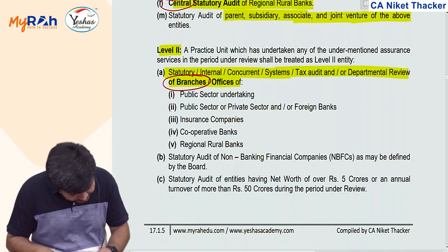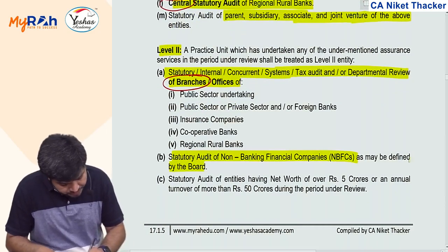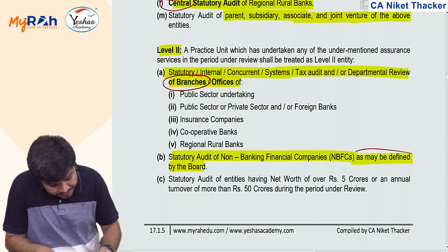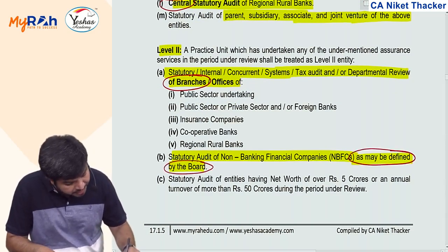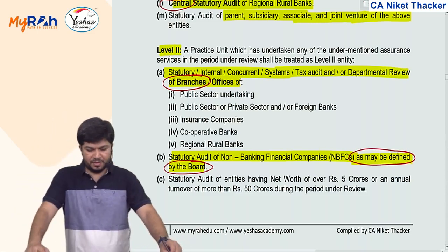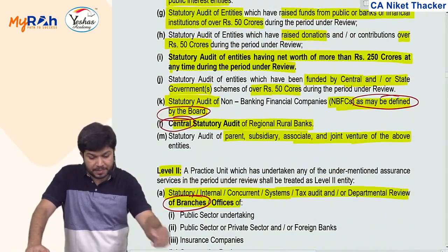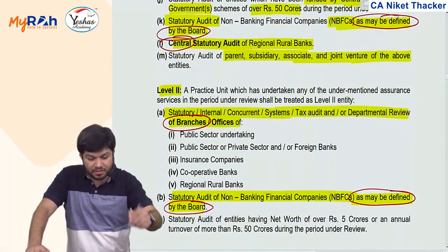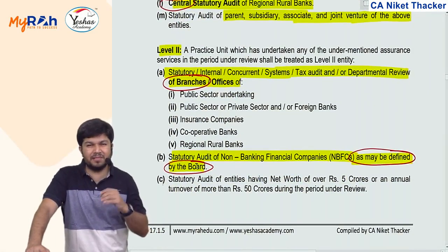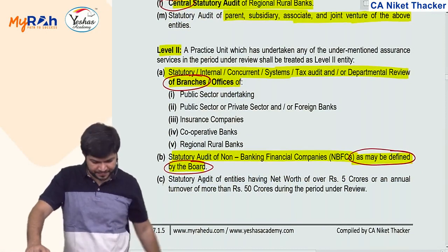Some NBFCs fall here. If you see, I've circled the words as may be defined by the board. So some NBFCs will fall above, some will go below. So which one where? It's not relevant for us.